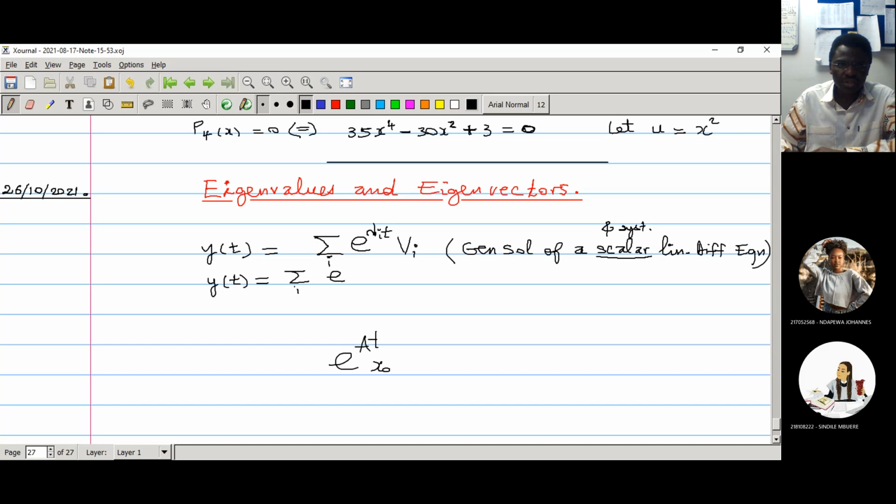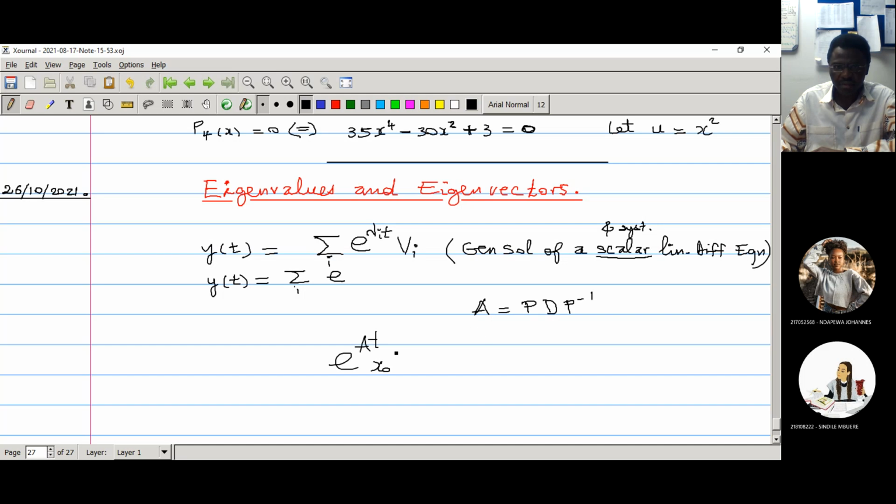Now what I want to show here is that these lambdas are the eigenvalues of this matrix. Because what you do here is diagonalize the matrix A, so you have the diagonal matrix D and then P inverse.